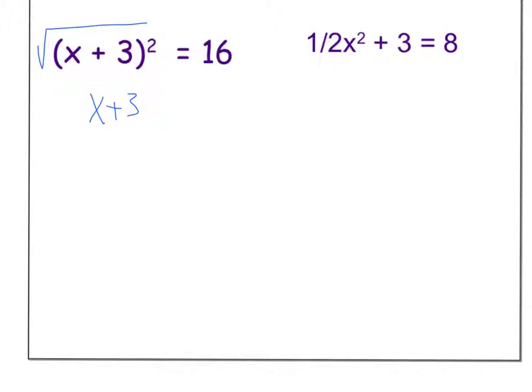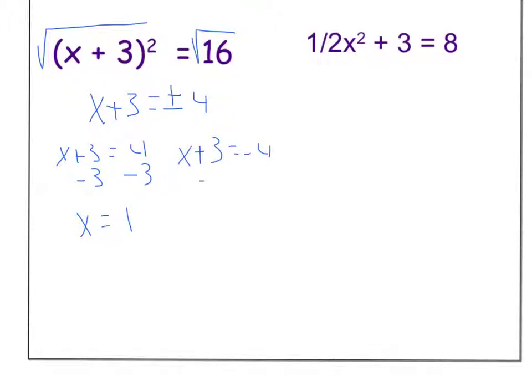And the square root of 16, remember, is both a positive and negative 4. So really, you have 2 different solutions. You have to take x plus 3 equals 4 and solve from there, and you have to do x plus 3 equals negative 4 and solve from there. So in this case, x would be 1 and negative 7.